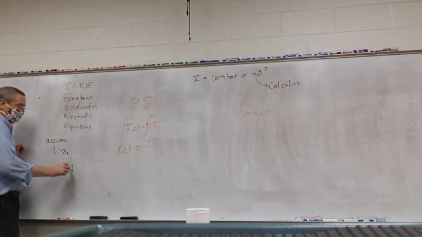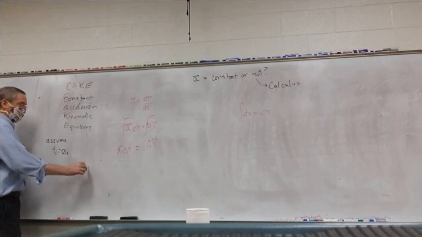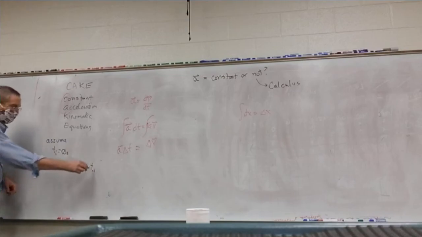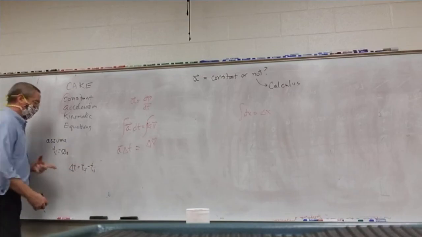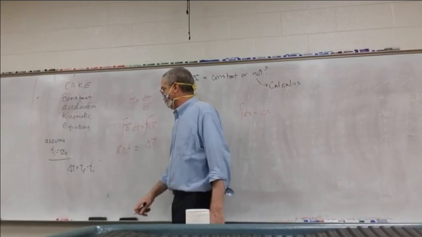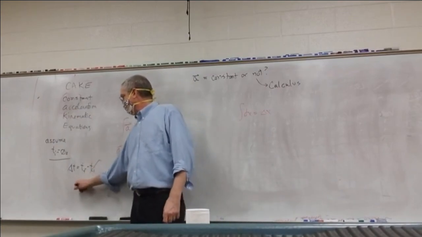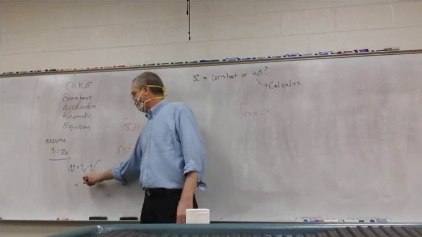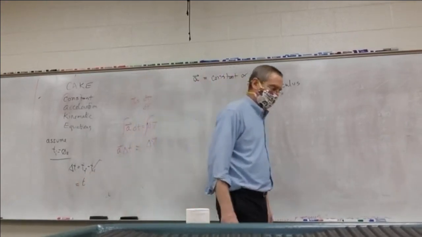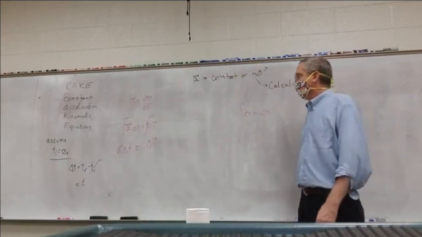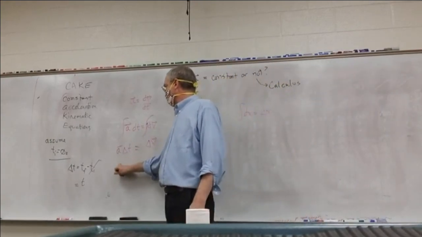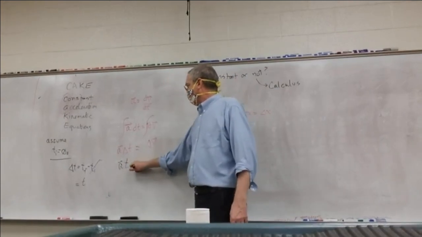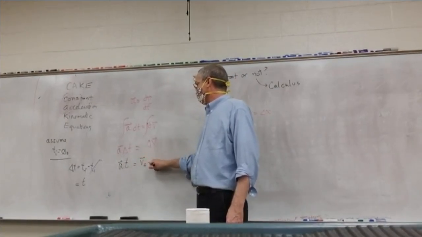Change in time is final time minus initial time, because that's what change always is, final whatever minus initial whatever. If I'm assuming that initial time is 0, that drops out. And so now I have only one time variable. So let's just call it time. And so this acceleration times change in time just simplifies down to acceleration times time. And that's going to be equal to the final velocity minus the initial velocity.